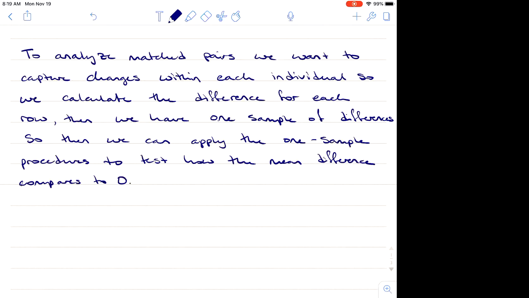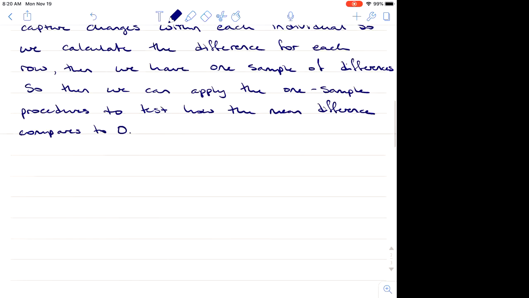A difference of 0 means there's no change. And depending on how you've calculated your differences, a negative difference means either an improvement or a drop in your test score.